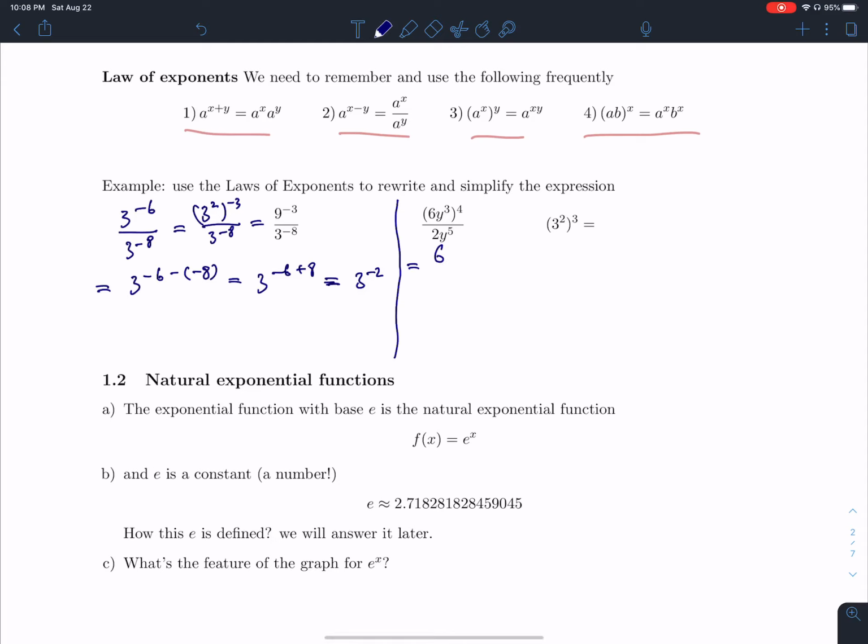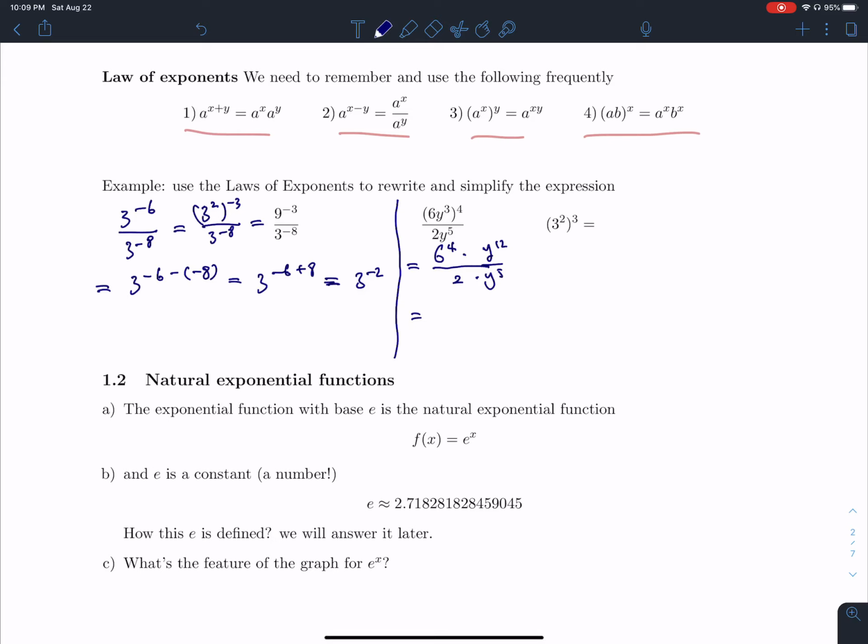So 6 to the power 4 times y to the power 3, and then the power 4. Here we have to use law number 3, which is y to the power 3 times 4, which is 12. And then in the denominator we have 2 times y to the power 5.